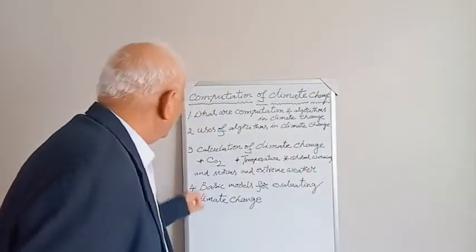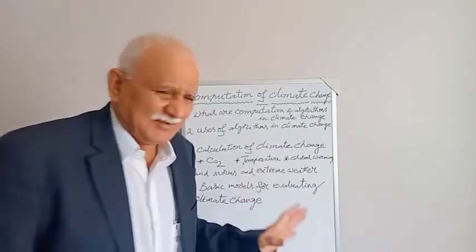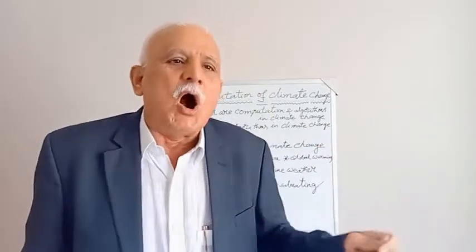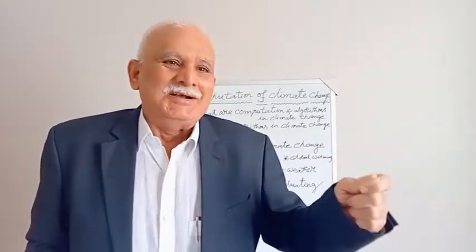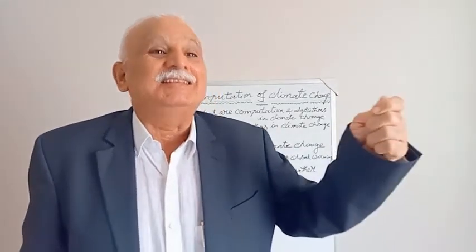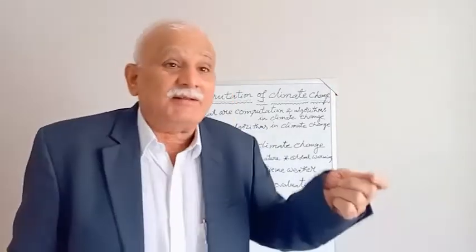Now, global warming and storms, and global warming and extreme weather. This is the substance for the basic course. We should know how to calculate when carbon dioxide is increasing, when carbon dioxide is doubled, when temperature is increasing, and which temperature, daytime temperature or nighttime temperature.